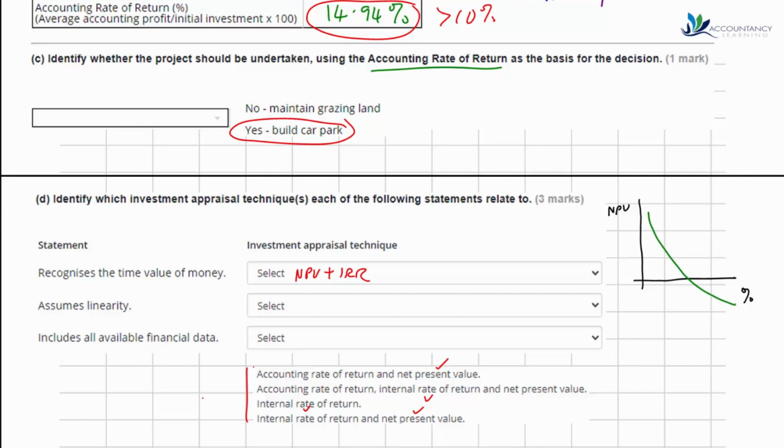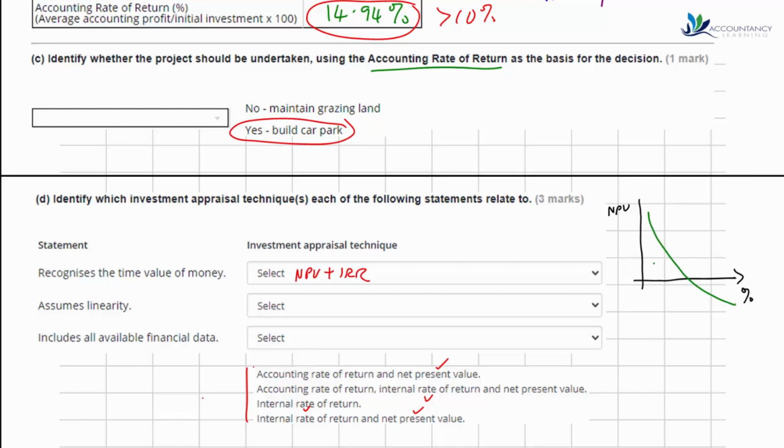So as we increase the cost of capital, there's going to be more discounting, and therefore the net present value gets smaller and smaller as the cost of capital increases. So we can see the number getting smaller, and at some point, because the discounting will be so high, the discounted cash inflows won't be enough to cover the initial cash outflow, and therefore we'll have a negative net present value.